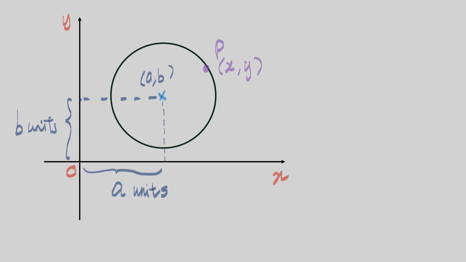I'm going to draw a line from the center of the circle to this point P. What do you think that line is? Of course, that line represents the radius of the circle, which I'm going to let be the symbol r.